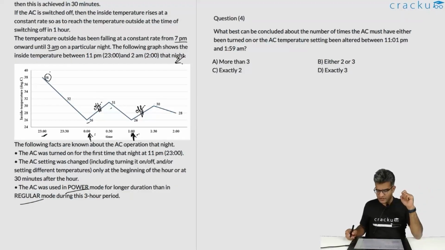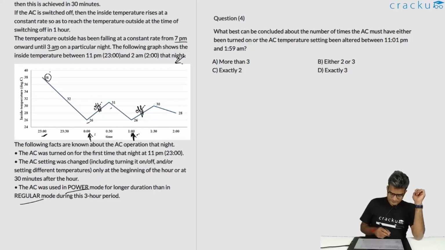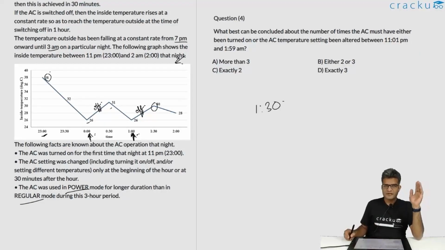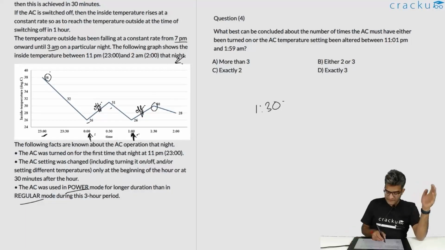What best can be concluded about the number of times the AC must have been either turned on or the AC setting been altered between 11:01 and 1:59? One thing we know for certain is that the AC was definitely turned on at 1:30 a.m. Whether it is in regular mode or power mode, we don't know. But at 1:30 definitely it was switched on because the temperature started going down, and faster.